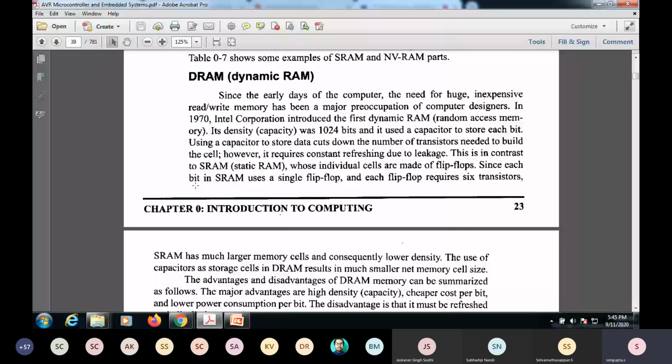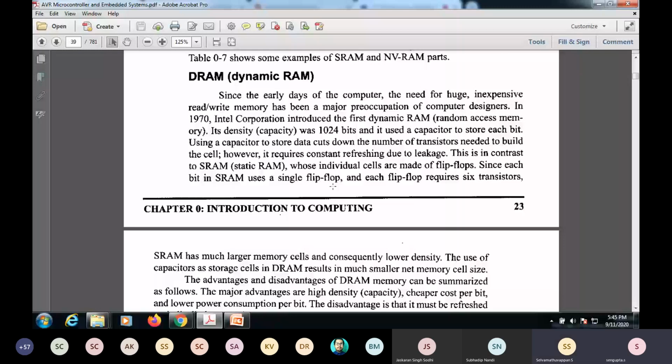That doesn't mean that it stores 6 bits. It's 6 transistors to generate this flip-flop, which will just give 1 bit.